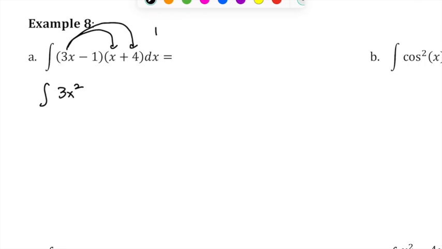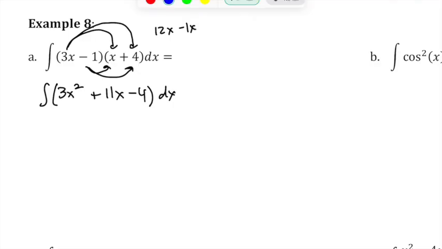That right there is 12x, and then minus 1x, which gives us 11x. And then here gives us minus 4 dx. And then we just take the integral of each piece separately. Take the integral of 3x squared plus the integral of 11x minus the integral of 4.